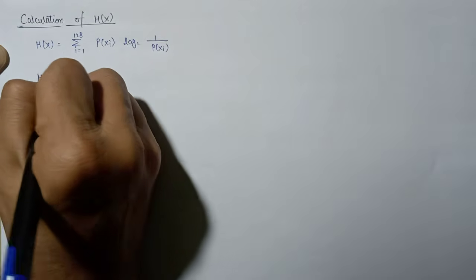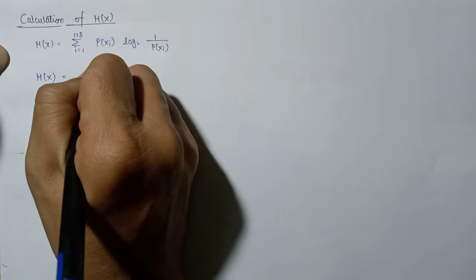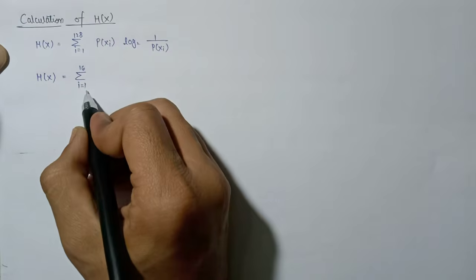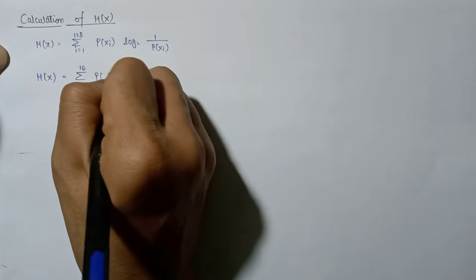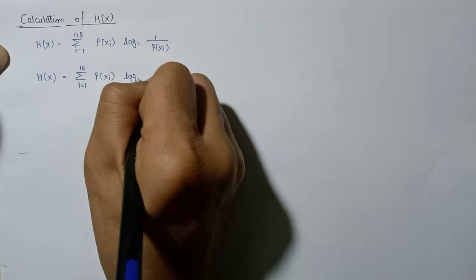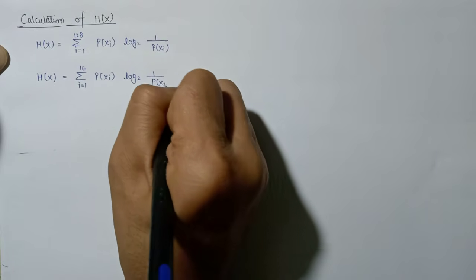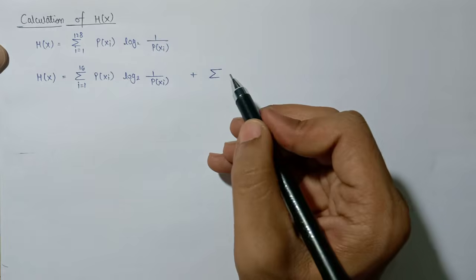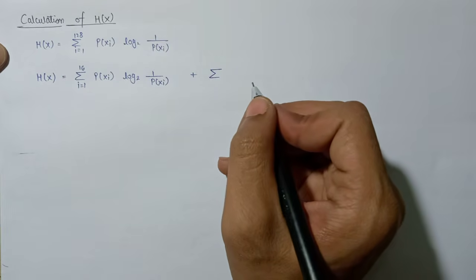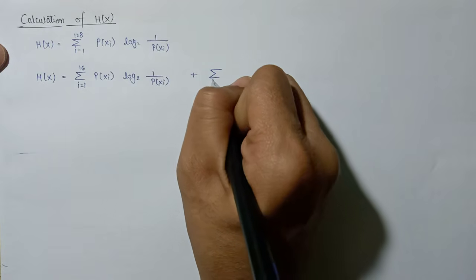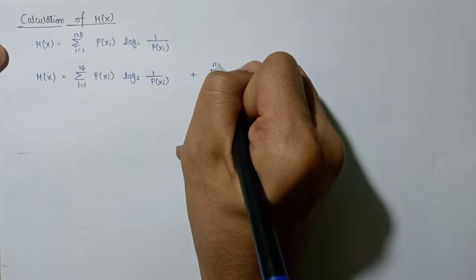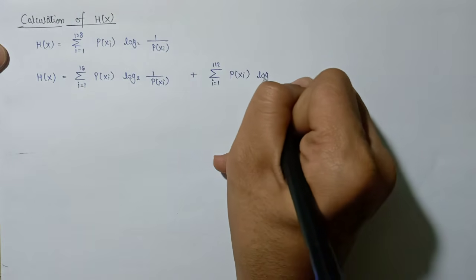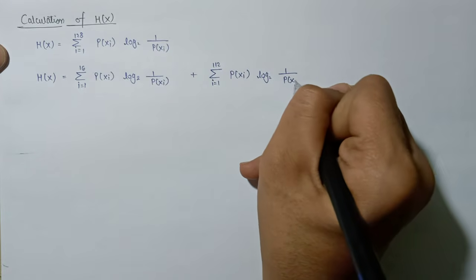Now we can expand h of x into two terms: first for the 16 equiprobable symbols, i ranges from 1 to 16, p of xi log base 2 1 over p of xi, plus the second entropy calculation for the remaining 112 equiprobable symbols, i ranges from 1 to 112, p of xi log base 2 1 over p of xi.